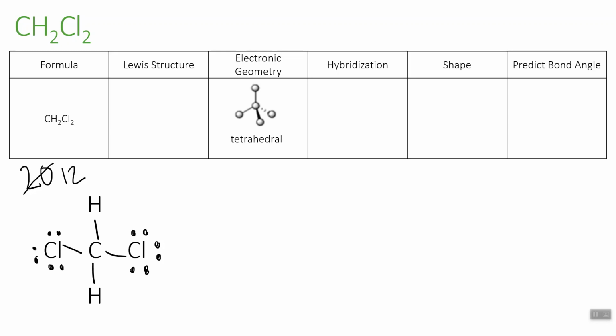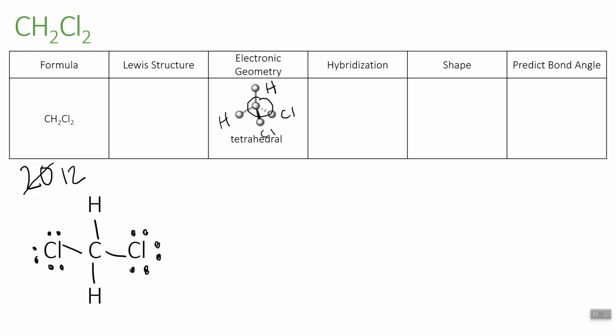This gives me an electronic geometry that is tetrahedral, because the central carbon has 4 things bound to it: two hydrogens and two chlorines. Those 4 groups give us the tetrahedral shape.